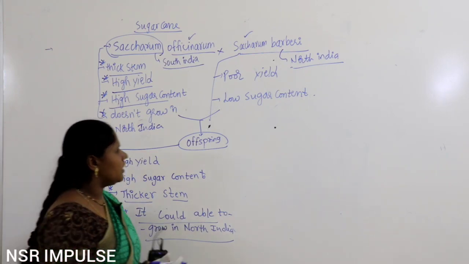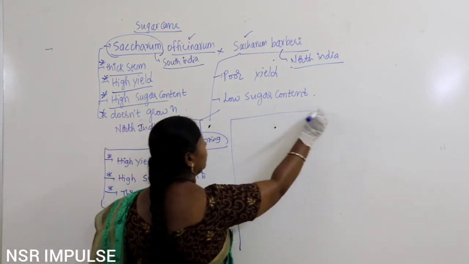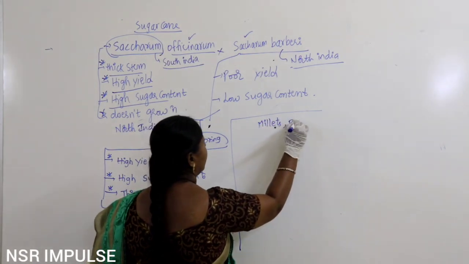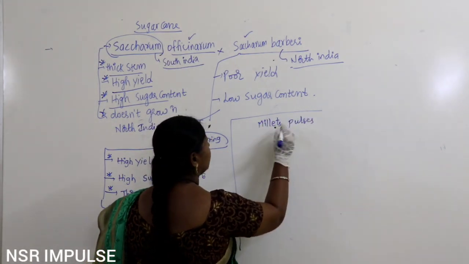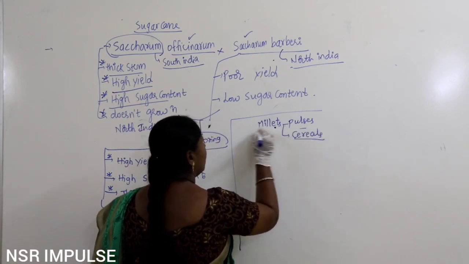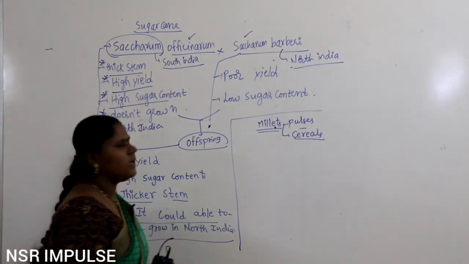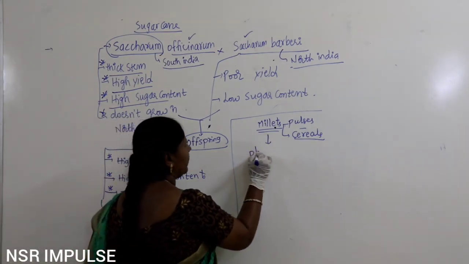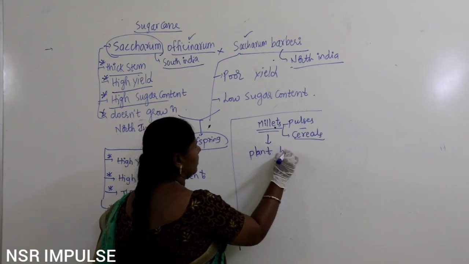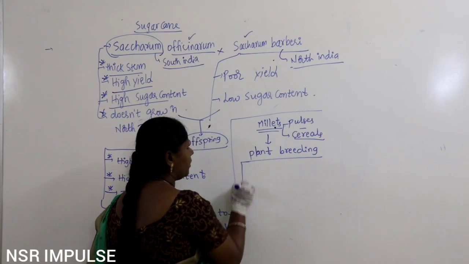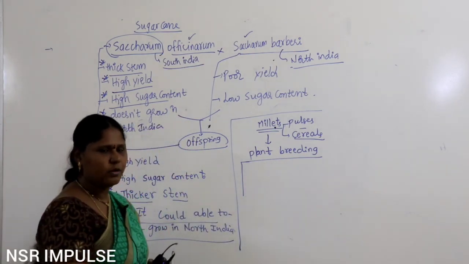Now similarly, let us talk about millets, or you can take pulses. Millets, you can take pulses and cereals. Now, when we subject the millet plants to the process called plant breeding, with this plant breeding mechanism we are able to produce plants with desirable characters.